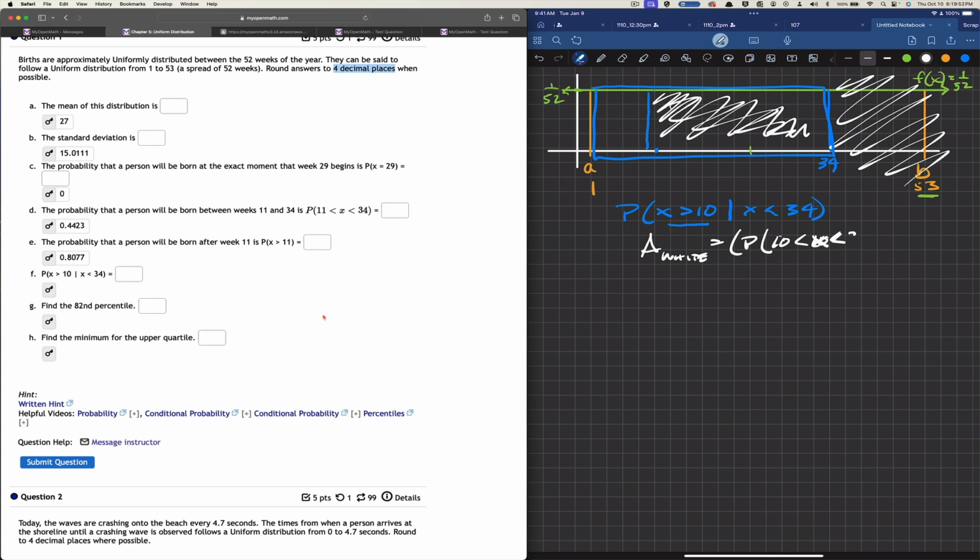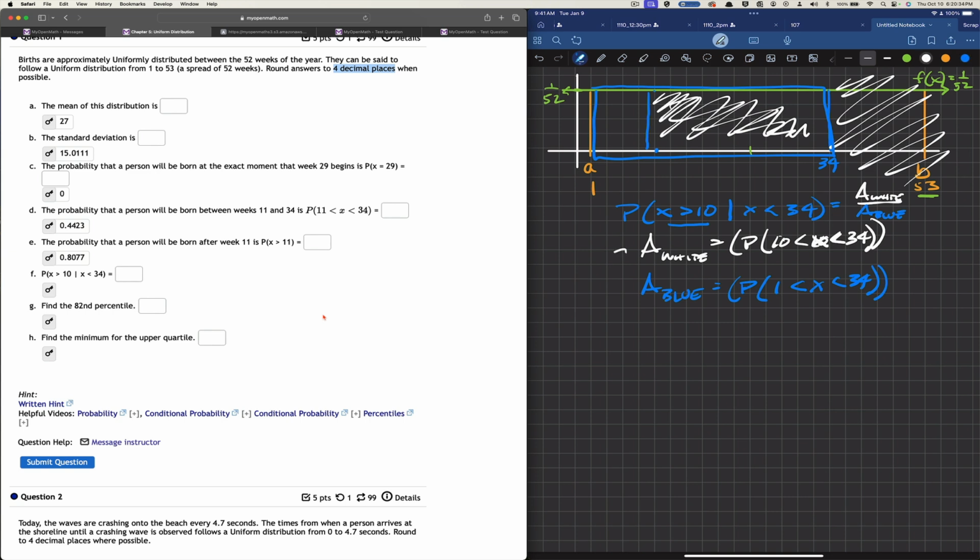And then I'm going to divide that by the area of the blue, which is the probability of x between 34 and 1. And then I'm going to divide them. This is going to be the area of white divided by area blue.